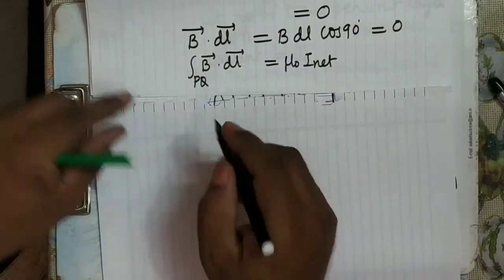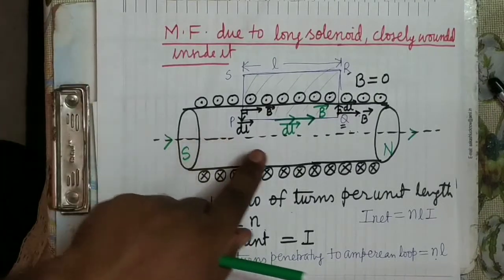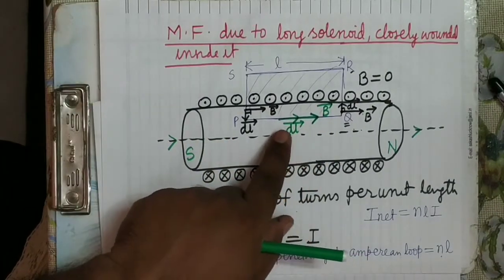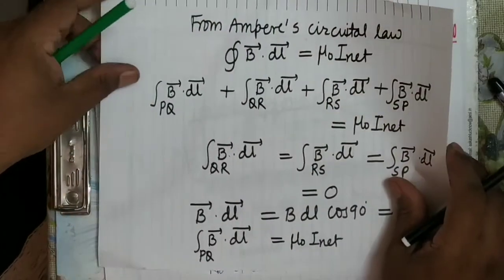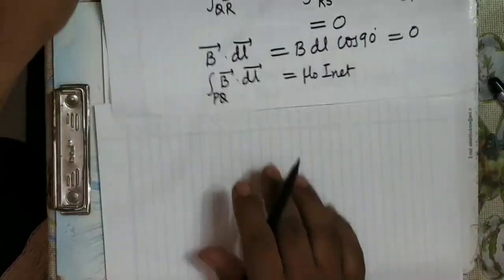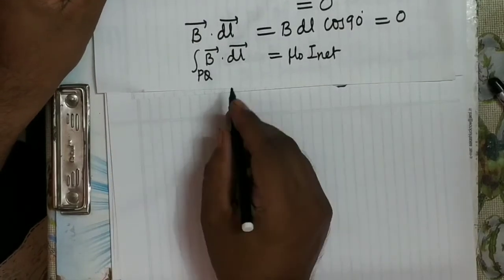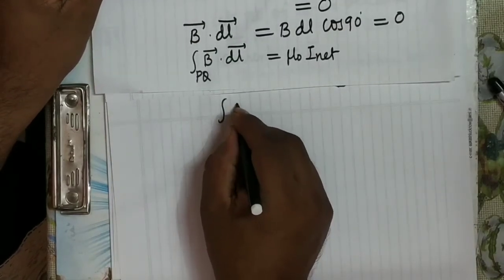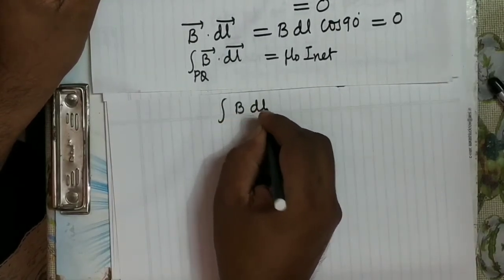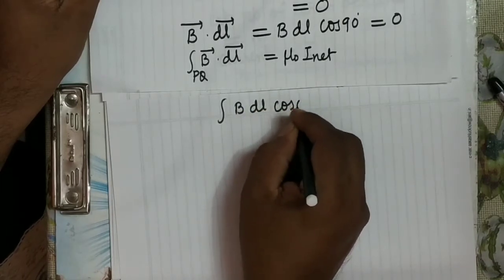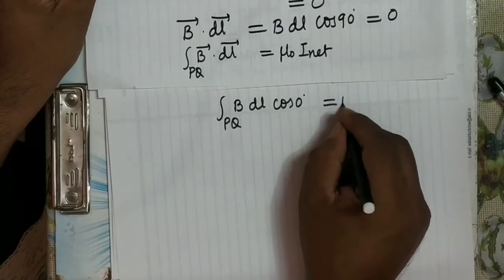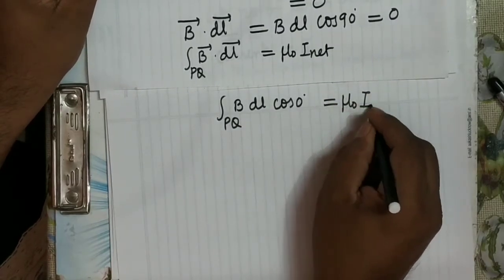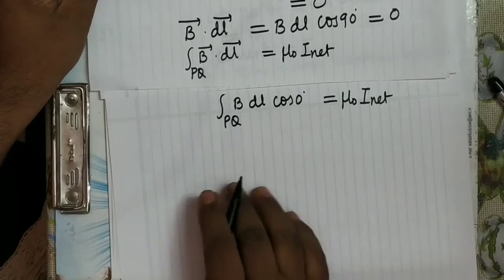What is the orientation over PQ? Over PQ you can see that both are in the same direction, shown by the green pen. This is P, this is Q. So what will be vector B dot vector dl over PQ? It is B dl cos 0 degree, and over PQ it equals mu naught into I net.